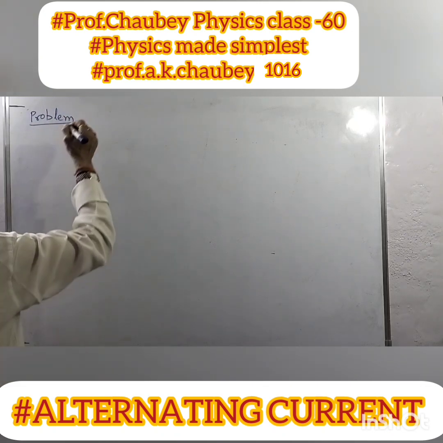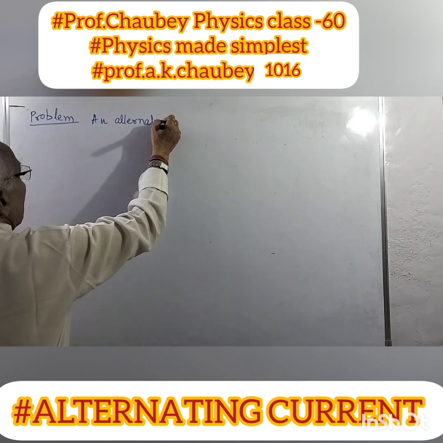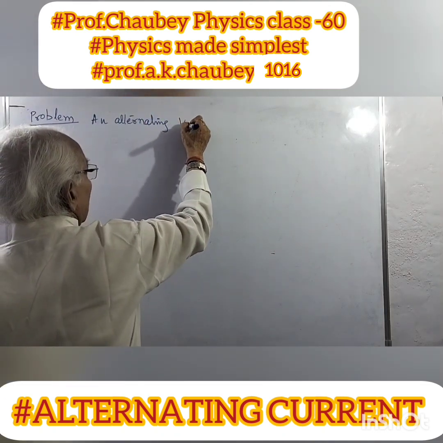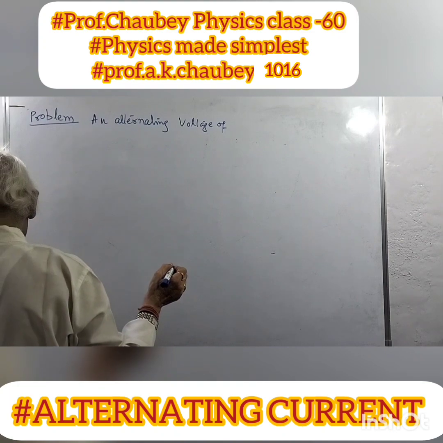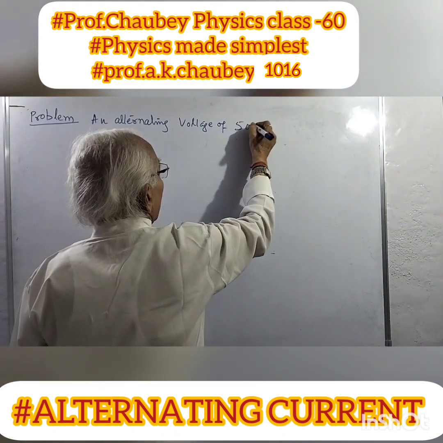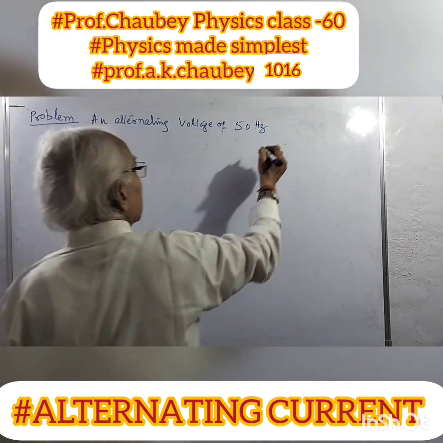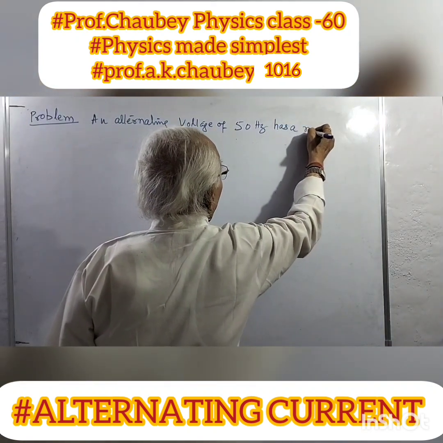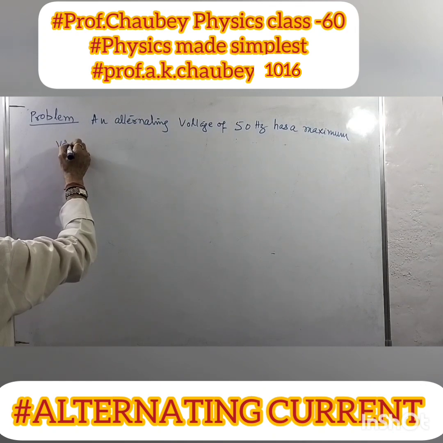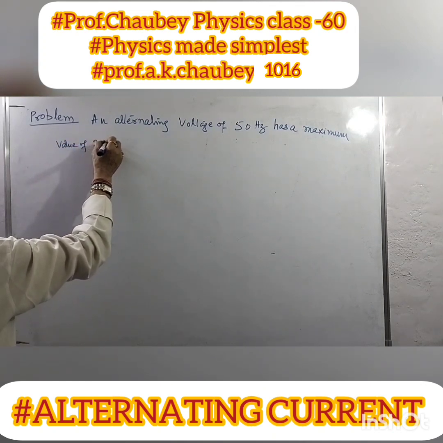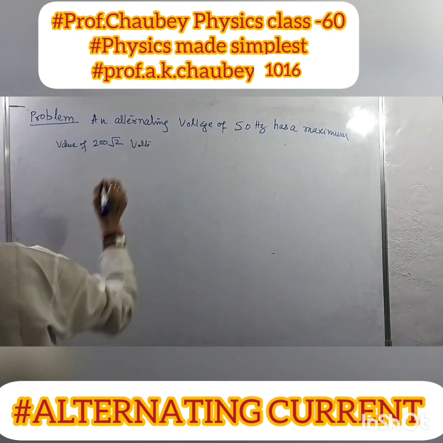Say an alternating voltage of 50 hertz, that is frequency 50 hertz, 50 cycles per second, has a maximum value of 200 under root 2 volts. This is the peak value.